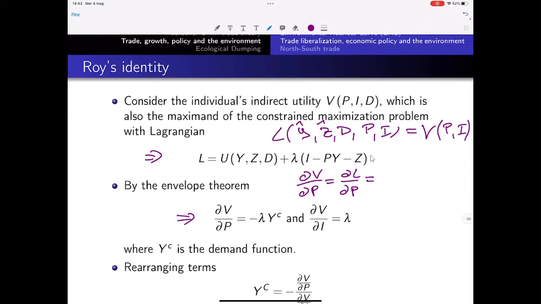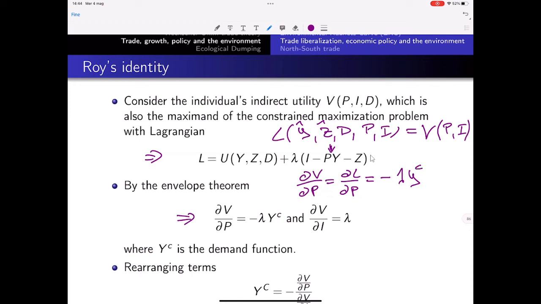Only the direct effect matters, and therefore this is minus lambda y, because P enters only here. All others are indirect effects. It's true that P affects y, P affects z, P affects D, but since I'm maximizing over these, these are all second order effects and not first order effects. Therefore they vanish, and for the first derivative only the direct effect matters. But this now, remember, is from the consumer side.